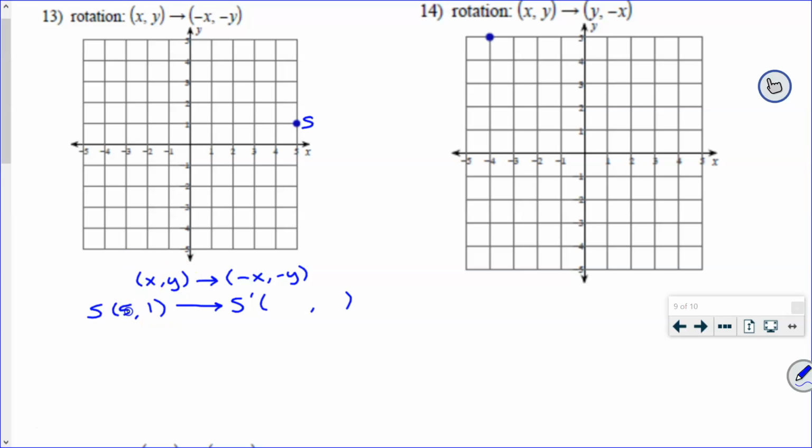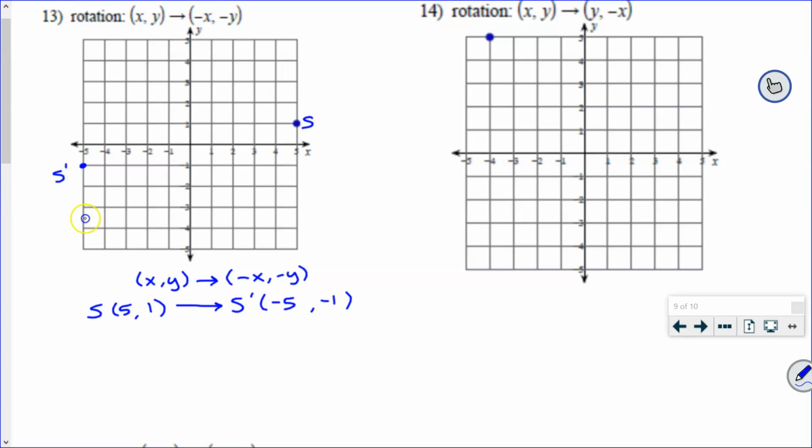So here 5 is going to change to be the opposite of 5, which is negative 5. And y goes to opposite y. So 1 is going to go to negative 1. The opposite of 1 is negative 1. Now we can plot that new point, negative 5, comma, negative 1, and we know that that is our S prime.